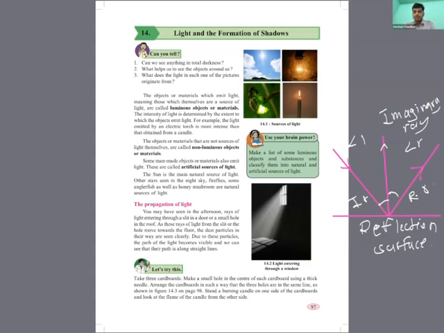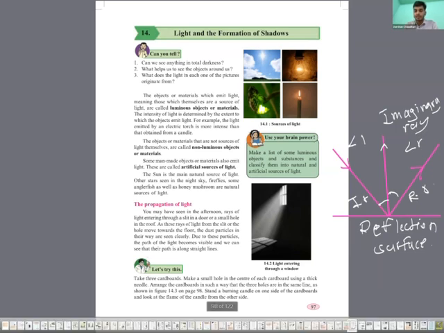The light ray which falls on the surface is the incident ray, and the ray which gets bounced back is the reflected ray. The angle of incidence is equal to the angle of reflection, and this is known as reflection of light.